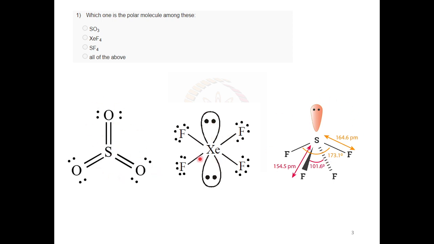Here in XeF4 also all the bonds are polar, but there are lone pairs, and as a result XeF4 is also non-polar. But SF4 is a polar molecule where you have the lone pair and you have a resultant dipole moment. As a result, this is a polar molecule.